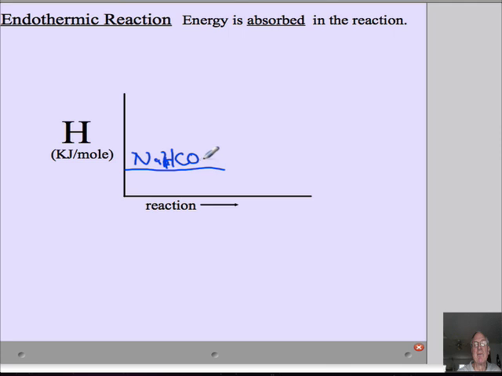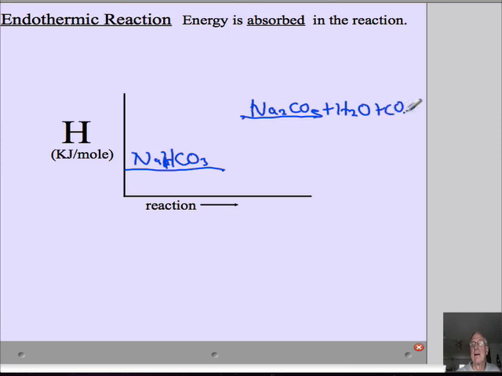I may have messed that up on the previous page. And then the energy increases during the reaction. So here's the enthalpy, energy and enthalpy. I'll kind of use those interchangeably. It starts off low and finishes high. So here now are our products after the reaction, the Na2CO3, the water, and the CO2.